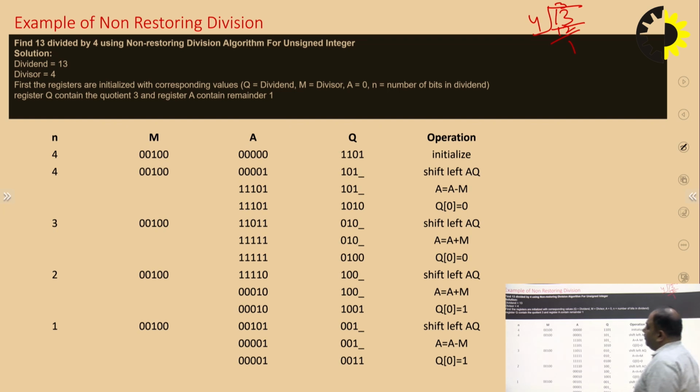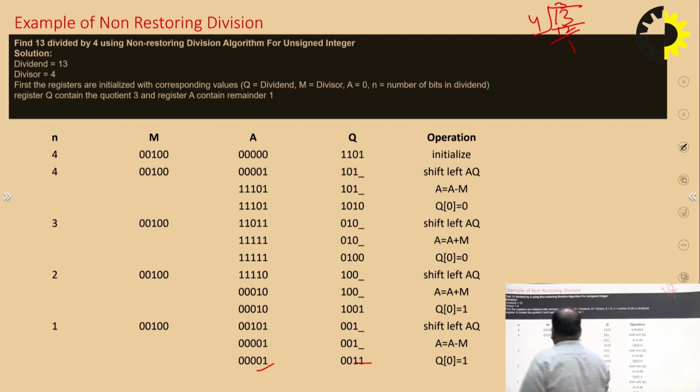The value of the accumulator at the end represents the remainder, which is 1, and the value of Q represents the quotient, 3.